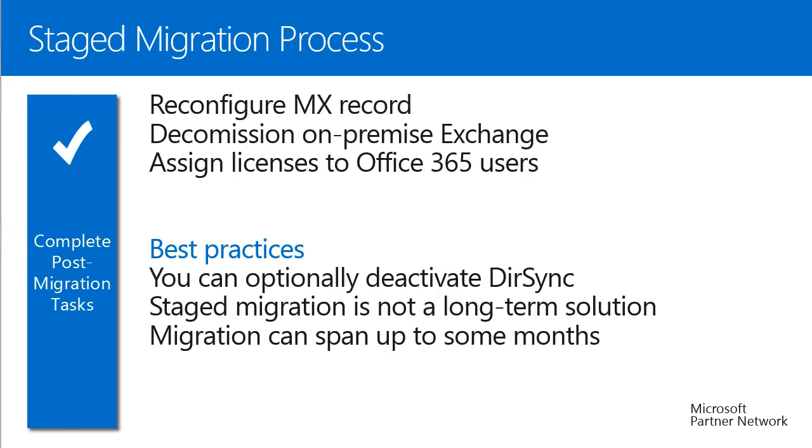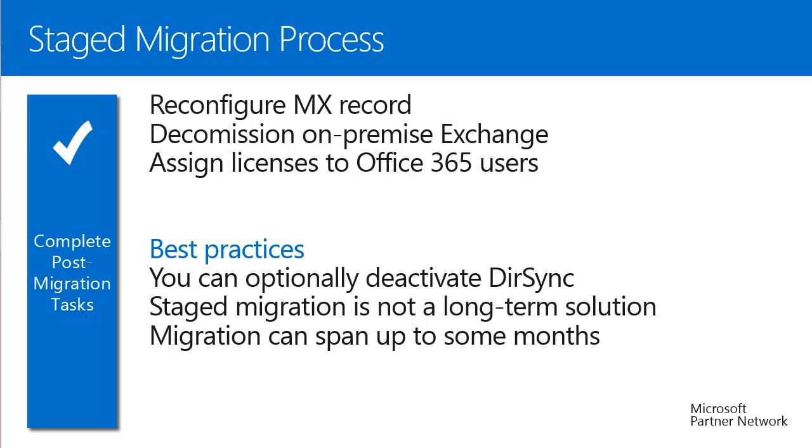When we have moved all the users to the cloud, then we are ready to end this simple coexistence between the on-premise and the cloud Exchange. So again, we need to reconfigure our MX record to point to the cloud. From this point, all the incoming emails will land in the cloud. And then we are also ready to uninstall the on-premise Exchange server.